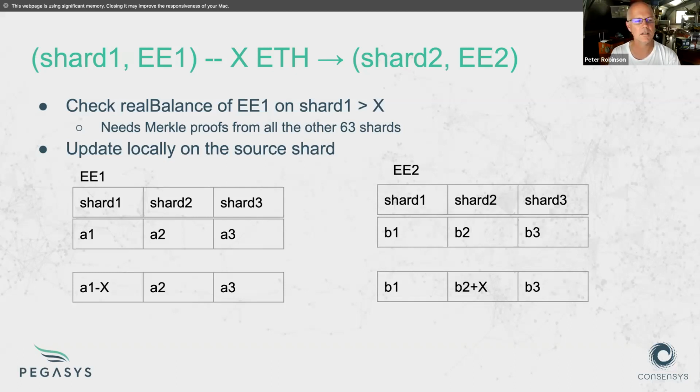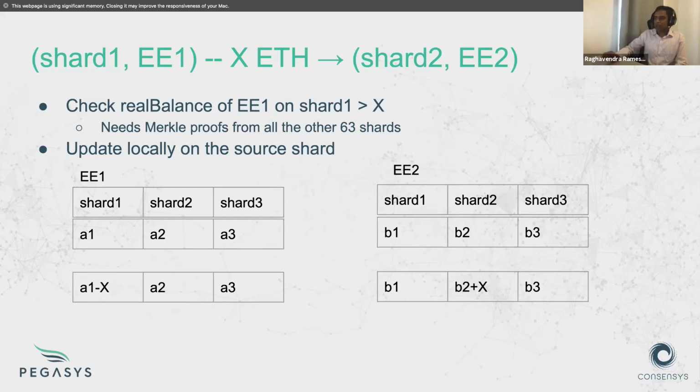Communicating from an EE on one shard to an EE on another shard, which user's account should actually be updated with the increased balance, is just left as an exercise for the reader, which feels like a really complicated learning exercise. Yes, true.